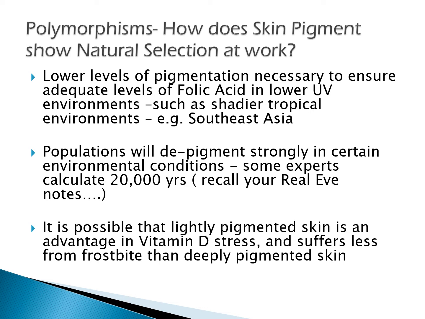So it is possible that lightly pigmented skin has an advantage in allowing the body to produce vitamin D. Vitamin D used to be called, and everybody knew it, but not so much anymore, the sunshine vitamin. Your body does not make vitamin D on its own. It has to have UV radiation in order to make that, and it requires for that UV not to just be on the back of your hands or a little bit of a minute of time on your face. And since so many of us, over 50% of the world's population today, live in cities and work indoors, it is a very, very common issue, particularly in the United States, with vitamin D deficiency.